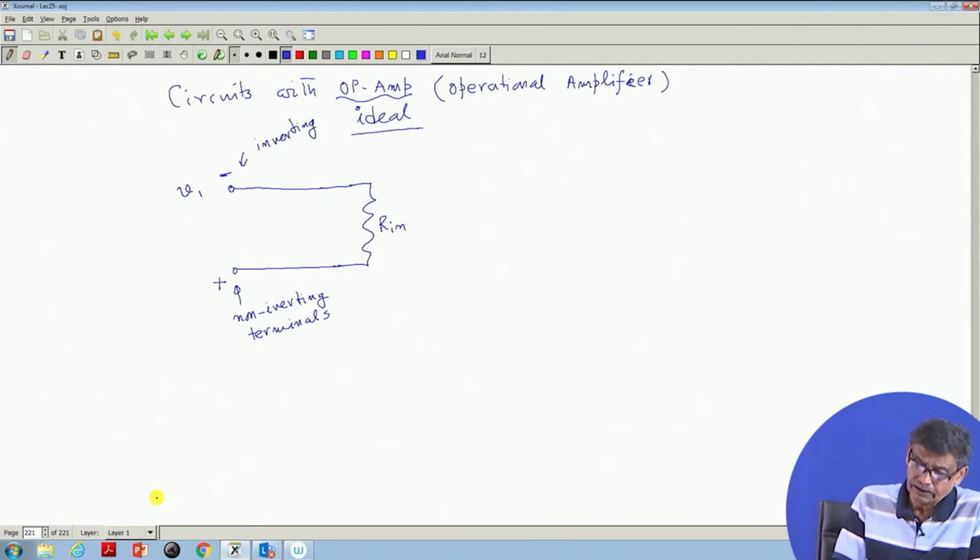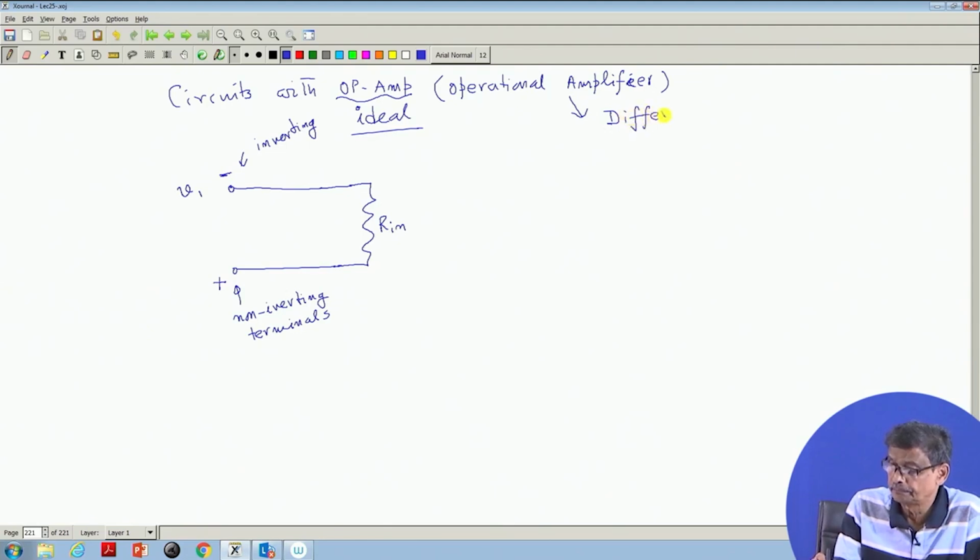Now, what an op-amp is, actually, it is called a differential amplifier.